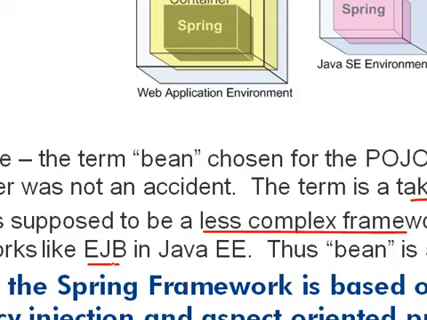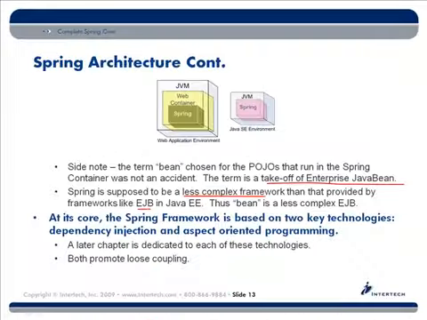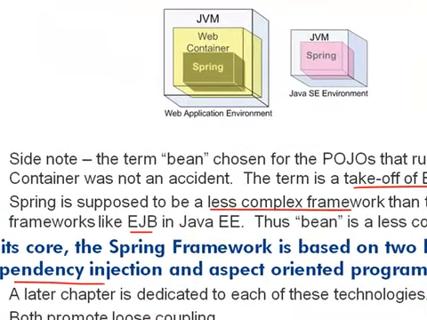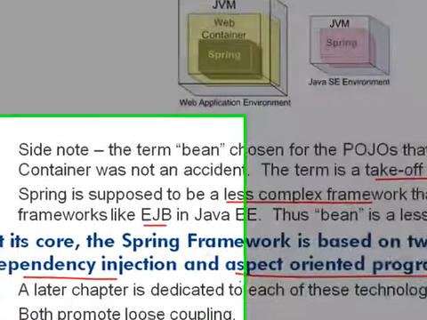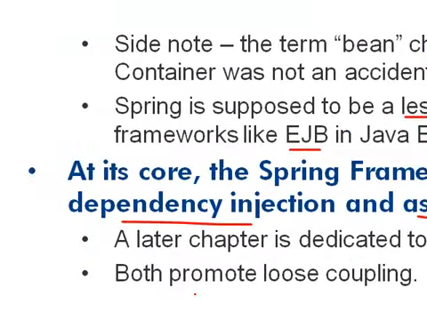So at its core, Spring Framework is basically based on two key technologies, and we're going to learn these two throughout class, one being dependency injection and the other being aspect-oriented programming. Both help to serve in promoting loose coupling and building applications that are, again, easier to build, easier to test, of better quality, and more flexible.